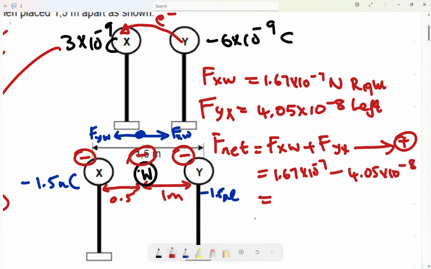How much do we get? I get an answer of 1.265 times 10 to the power of negative 7 newtons. It is positive, therefore it means to the right.